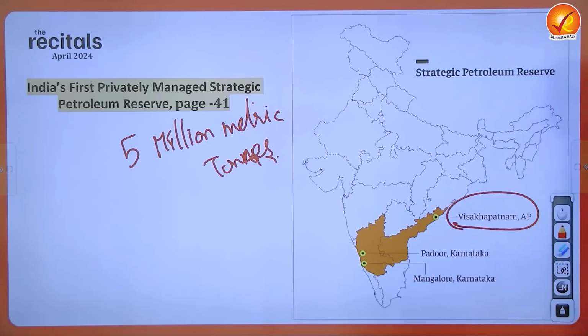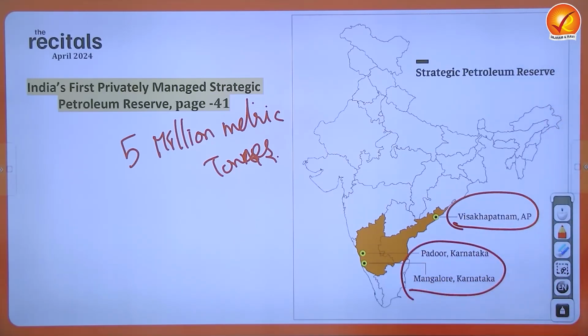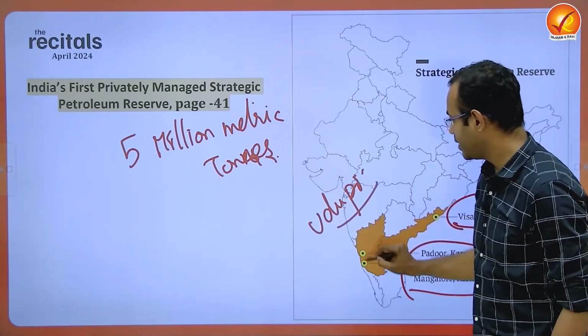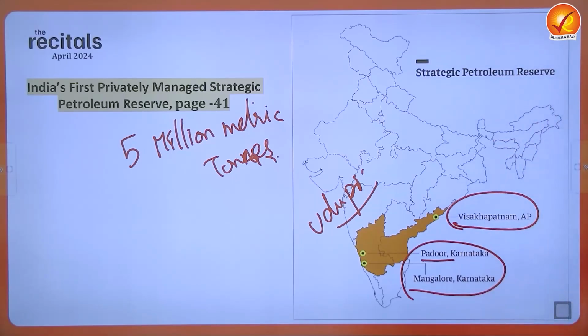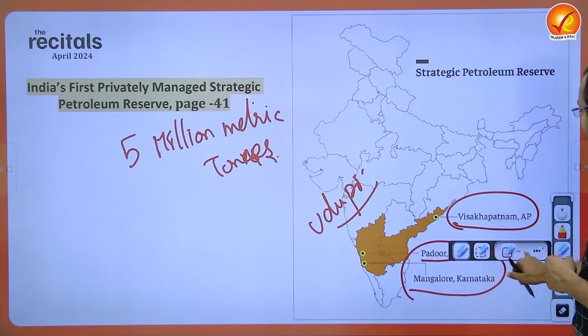One is in Visakhapatnam, Andhra Pradesh. The other 2 are in Mangaluru, Karnataka, and very near Mangaluru we have a district called Udupi. In Udupi district, Padur is taken as a location for the creation of strategic petroleum reserves.